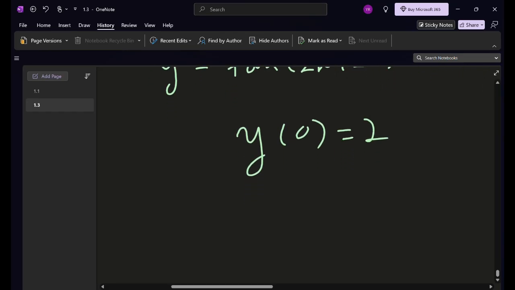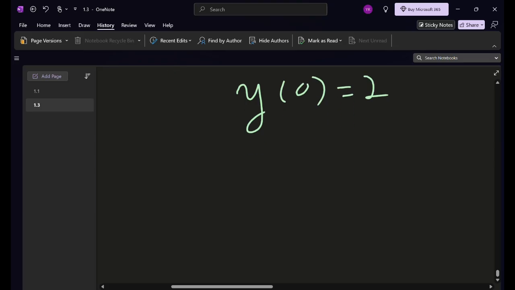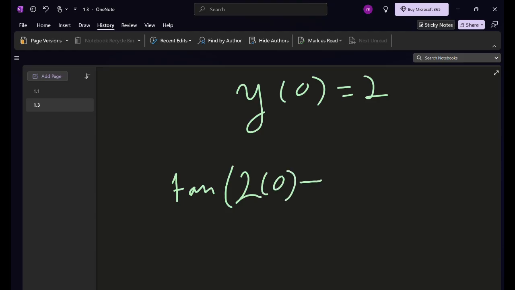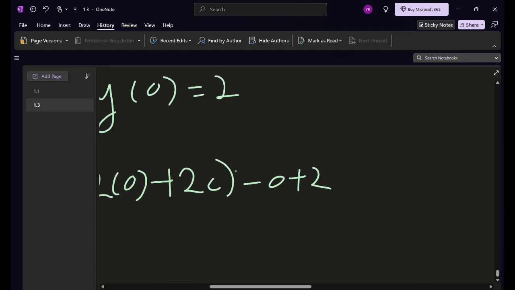Now we're going to put in the initial value we have been provided with, putting x is equal to 0, we get tan (2 into 0 plus 2c) minus 0 plus 2, which is equal to 2.